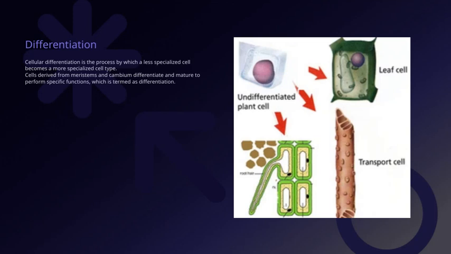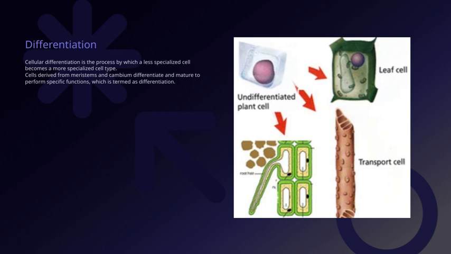Cellular differentiation is a fascinating process where a less specialized cell transforms into a more specialized cell type. Think of it as a cell gaining new skills and functions that are specific to its role in the plant. Cells that come from meristems and cambium are initially quite versatile, but as they differentiate and mature, they become highly specialized to perform specific functions.